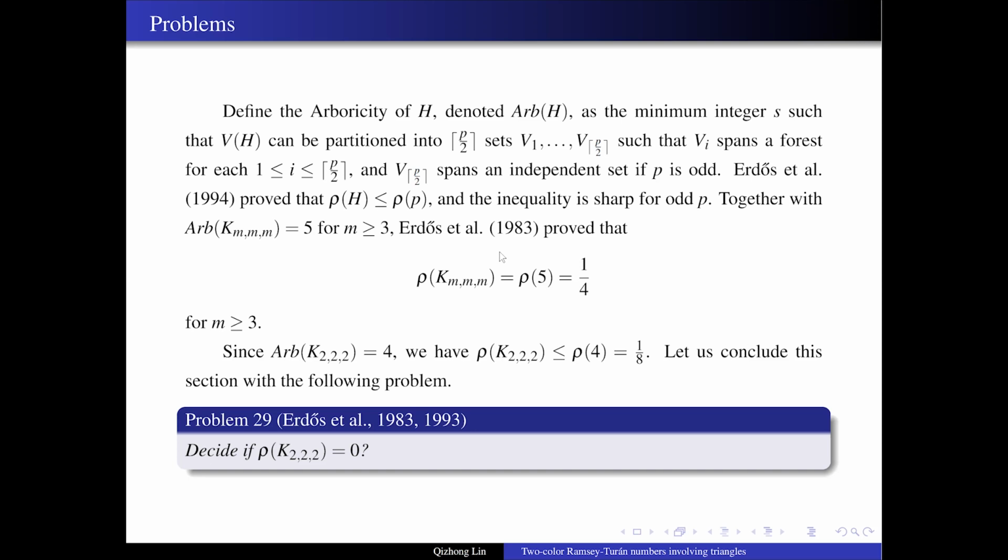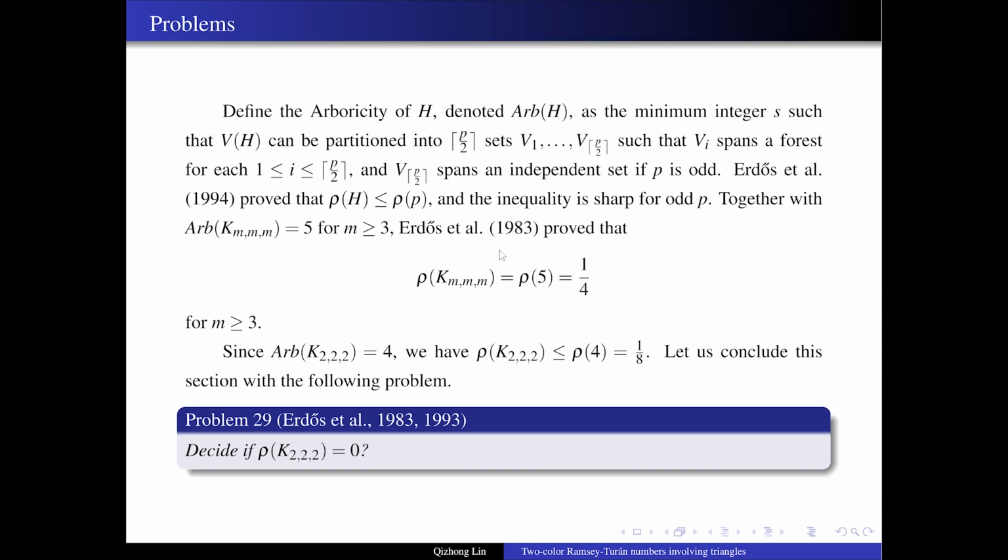Especially the Ramsey-Turán density of the complete tripartite graph is known when m is greater than or equal to 3.